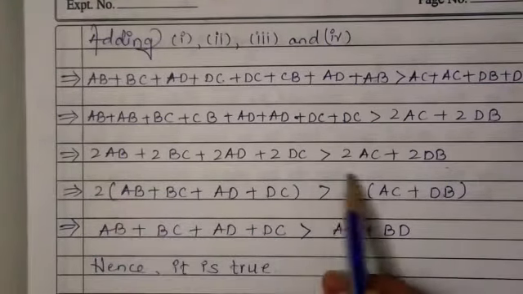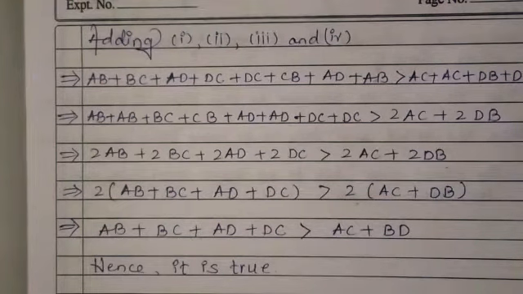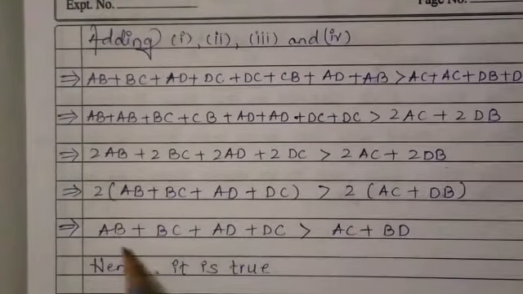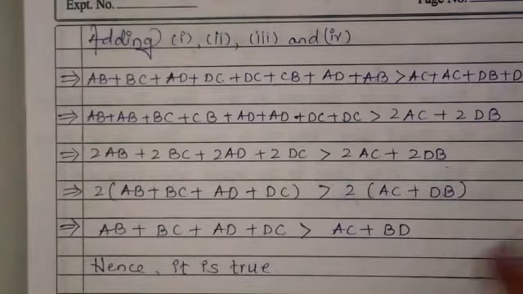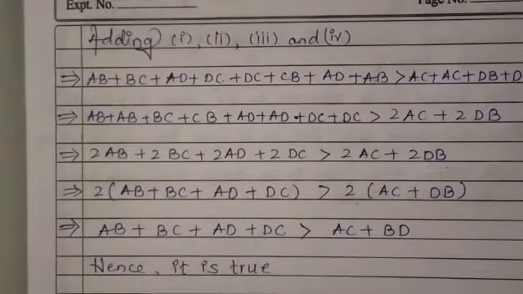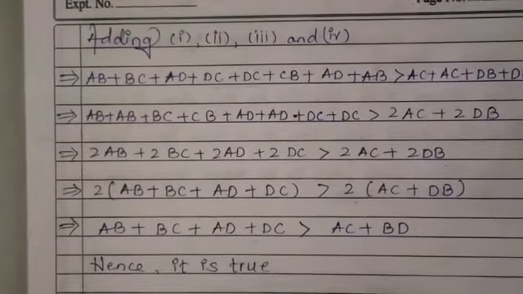This 2 can be cancelled out because it is common on both sides. We are left with AB plus BC plus AD plus DC, which is greater than AC plus BD. So we can see that yes, the statement given in the question is true.